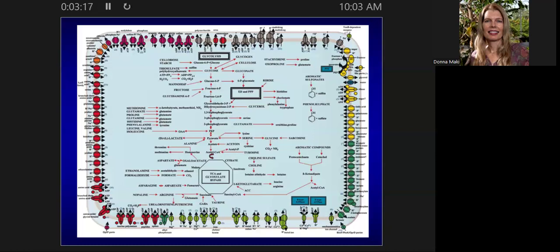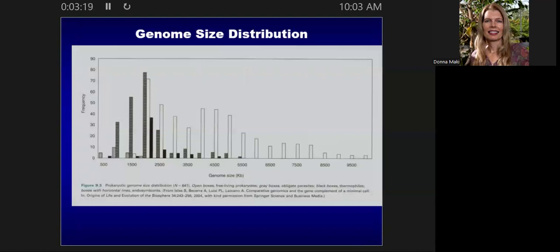So when they start looking at the different microbes in their different habitats, and they ask the question, how complex are their genomes? And it really is influenced by their habitat. So what you're seeing here on the x-axis is genome size, working bigger toward the right.